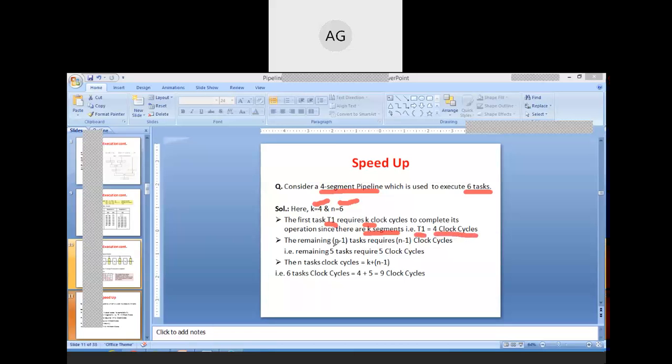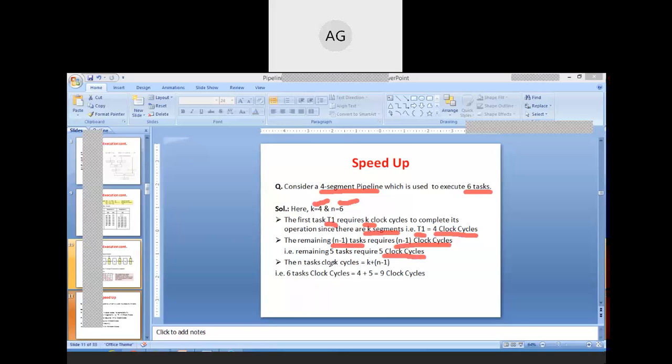Now the remaining n minus 1 tasks, that is out of 6, 6 minus 1, so 5 tasks are remaining. The remaining 5 tasks require 5 clock cycles.